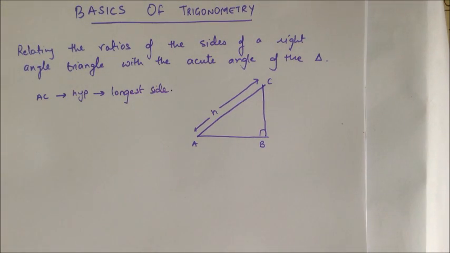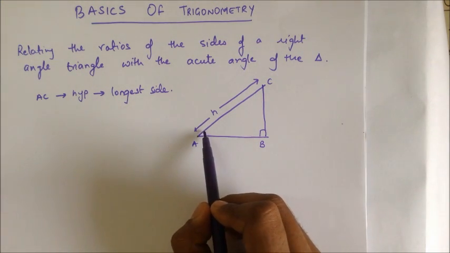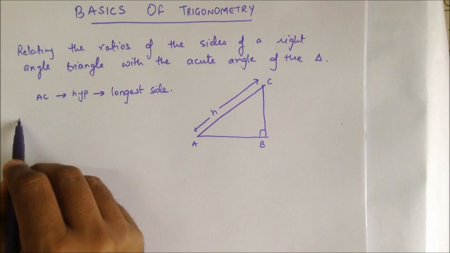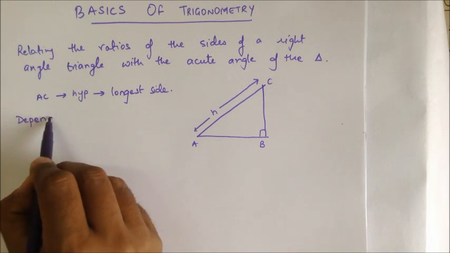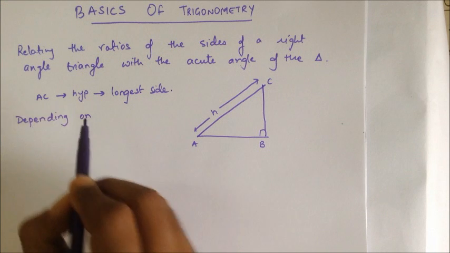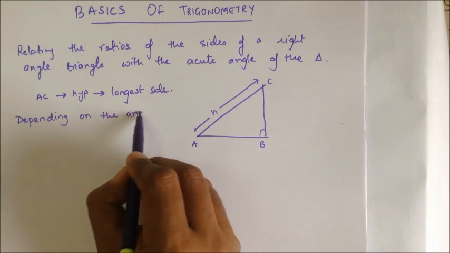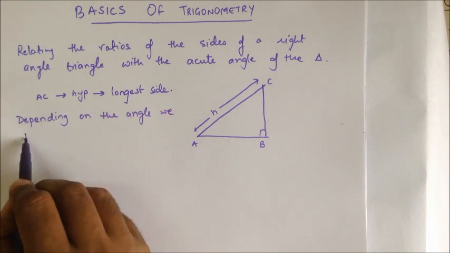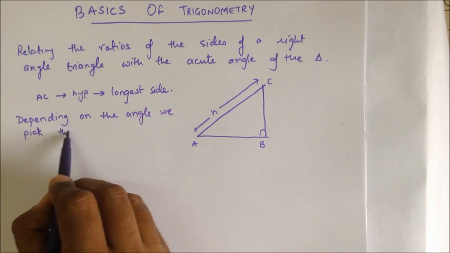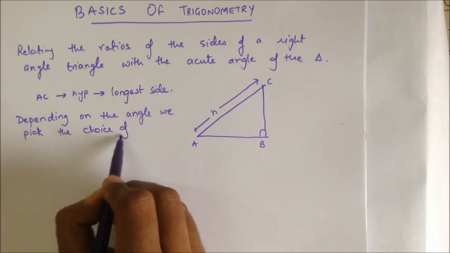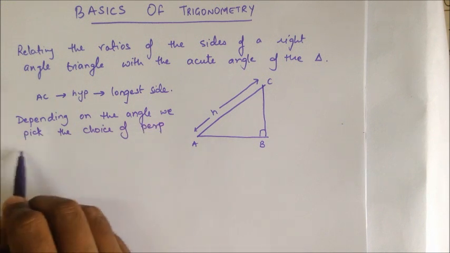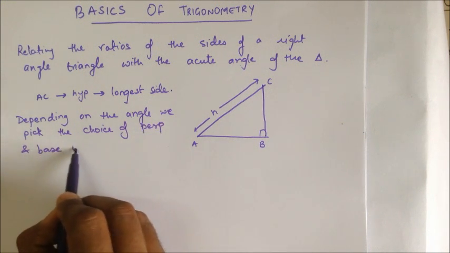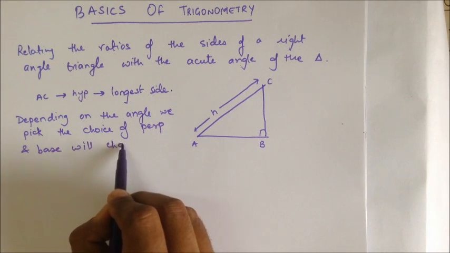Now if I ask you, in this triangle ABC, which side is the base and which side is the perpendicular, there is a small trick involved in it. There are two acute angles in this triangle, angle A and angle C, and depending on the angle we pick, the choice of perpendicular and base will change.